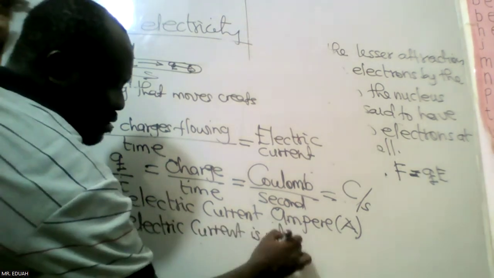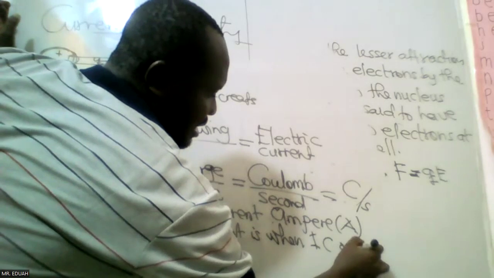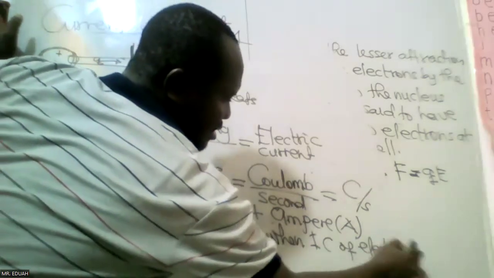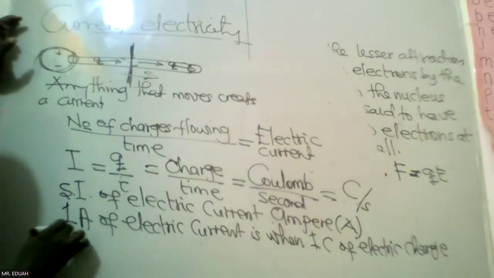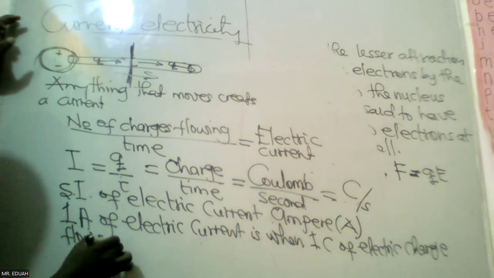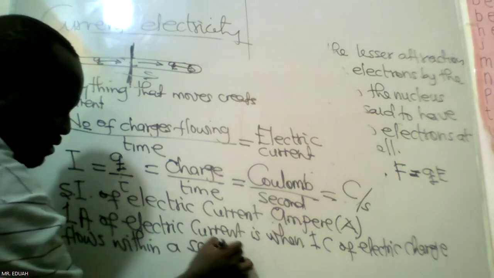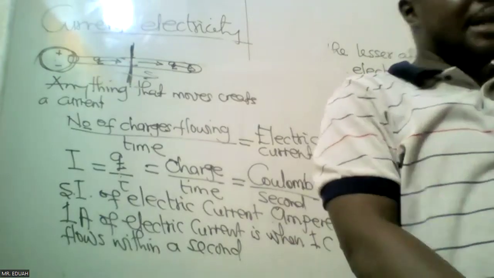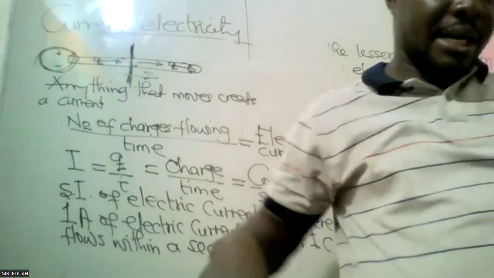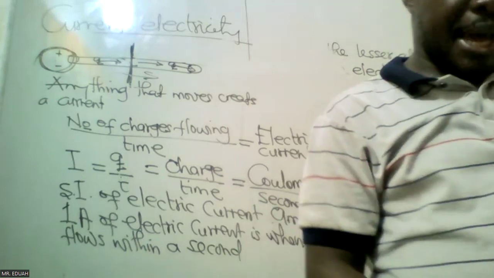is when 1 coulomb of electric charge flows within a second. So 1 ampere is 1 coulomb over 1 second. 1 ampere is equal to 1 coulomb per 1 second.